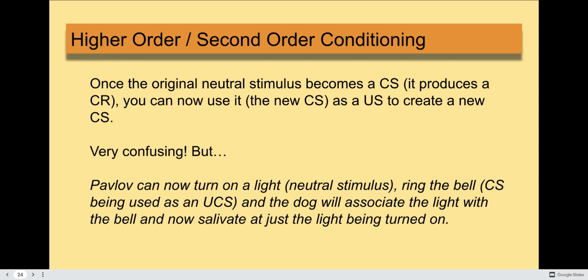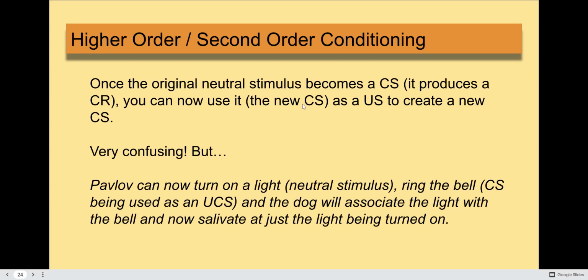Then Pavlov rings the bell, and the dog starts to associate the light with the bell, and it already associated the bell with the food, and now the dog salivates just when the light is turned on. Kind of mull that one over, see what you think about that.